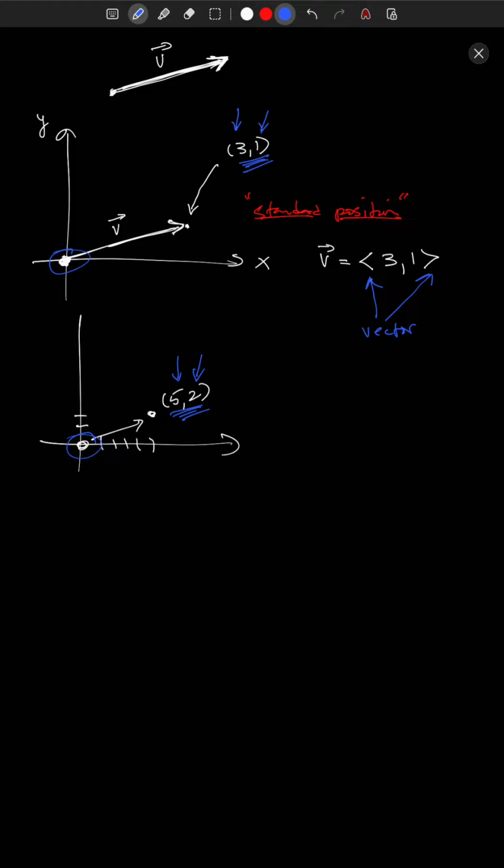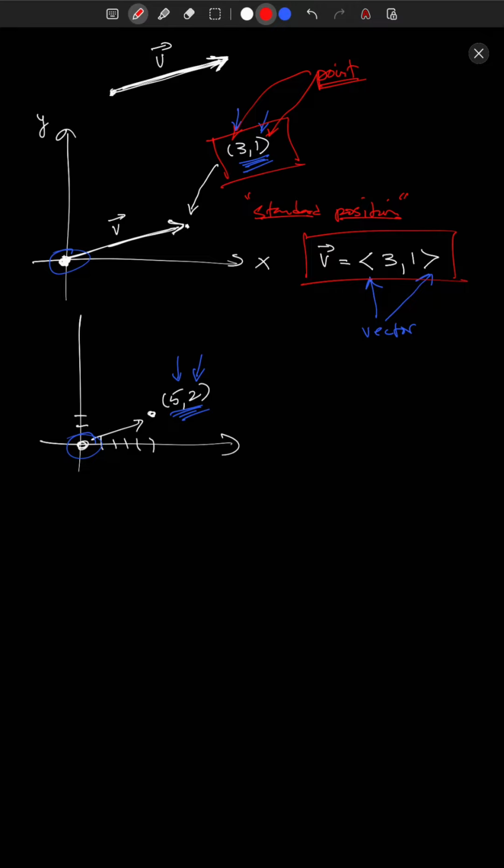Whereas the parentheses tell us we're talking about a point. They seem very similar, they both have the 3 and the 1 in there, but it's very important to know the distinction between working with a vector and just talking about a point in space.